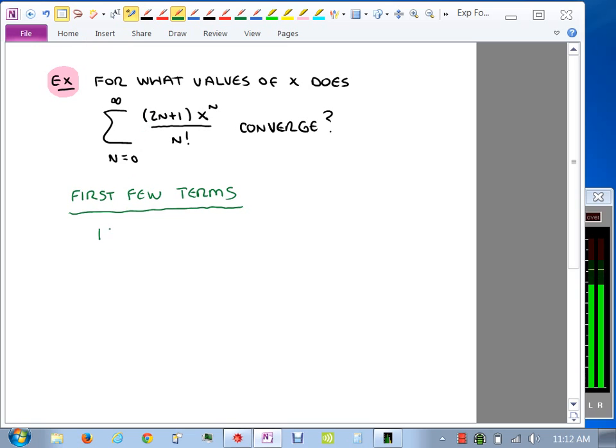You get 1 x to the 0 over 0 factorial, right? I'll do the next one, then we'll simplify it. Plus, now we'll have n is 1.